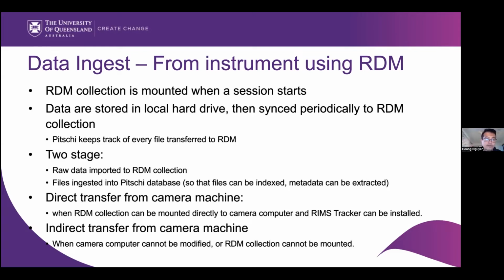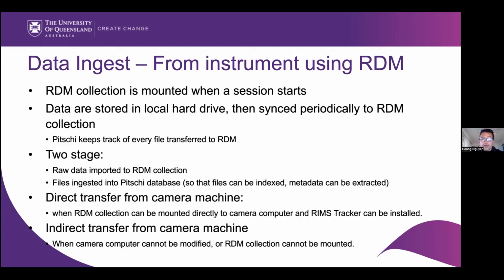This works for a more modern OS like Windows 7 or 10, and when we can modify the camera computer. For the cases where we cannot, either because the OS is too old, for example running XP, or because we cannot modify the camera computer, we provide an indirect transfer method.